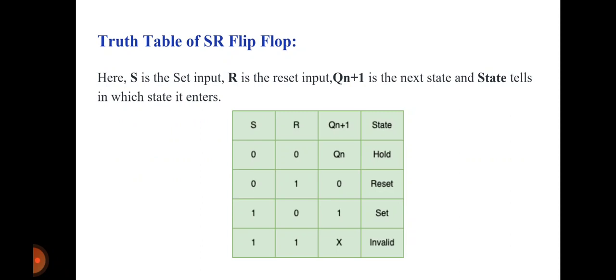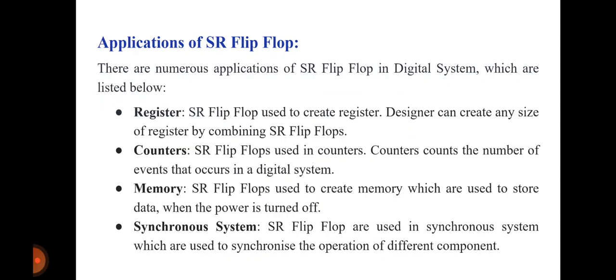When reset is high and set is low, the output will be 0 and hence it is the reset condition. When set is high and reset is low, the output will be logical 1 and it is in the set state. And the fourth case is when both set and reset are high, then the output is invalid and it goes to the invalid or undetermined state.